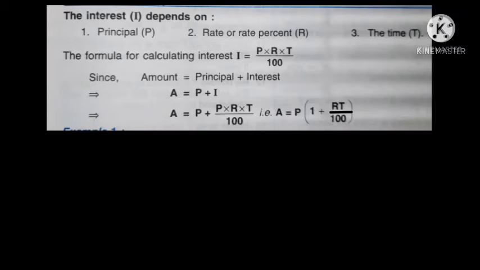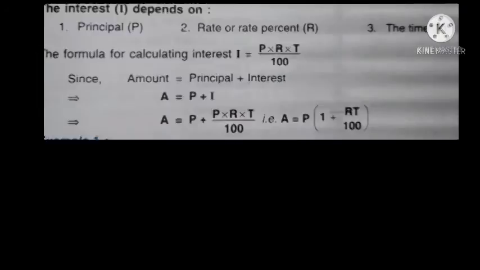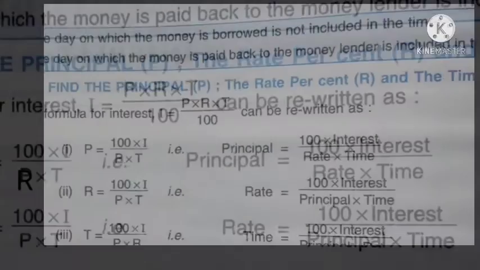Since we know amount is equal to principal plus interest, amount A equals principal P plus P into R into T upon 100. That is, amount is equal to P in the bracket 1 plus RT upon 100, bracket complete. Here P is the principal, R is the rate and T is time.